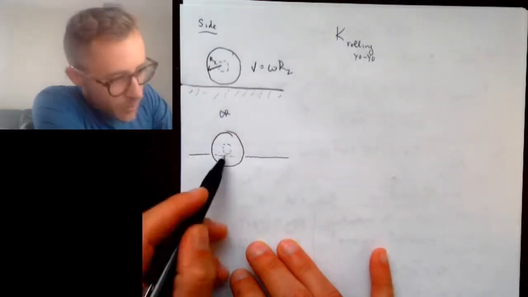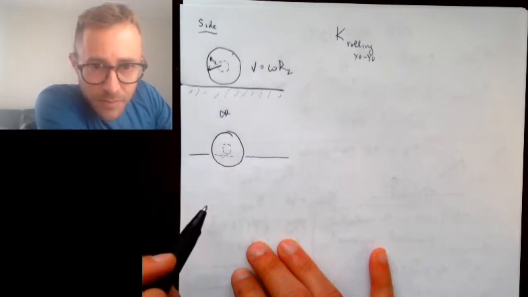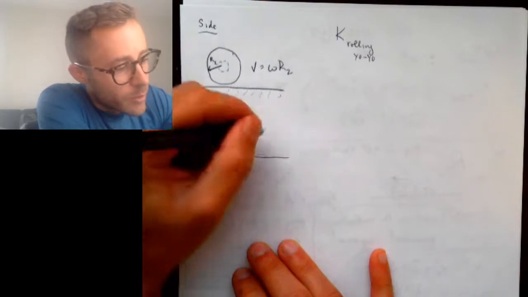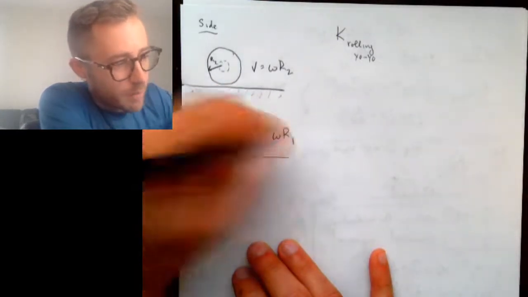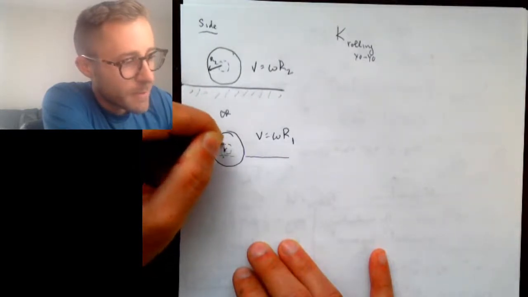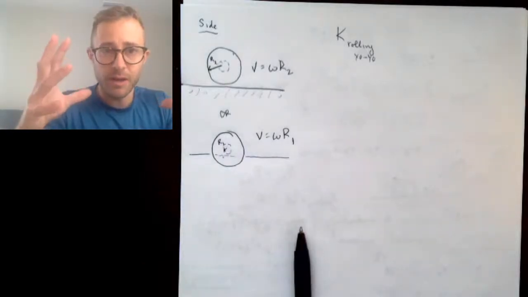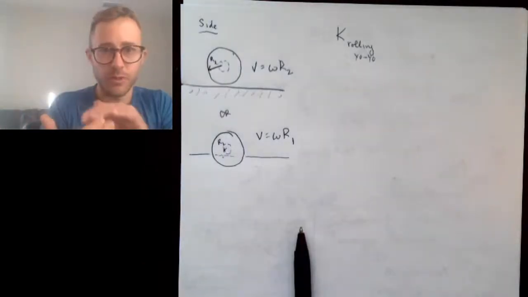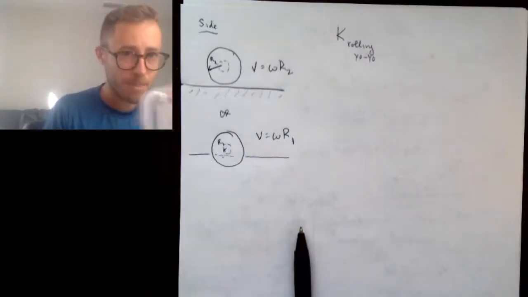But if it's rolling about this inner circle, like this, then it would be v equals omega times r1, because this was r1, if you recall. So if we have a more complicated object, we have to be careful about which circle it is rolling along.